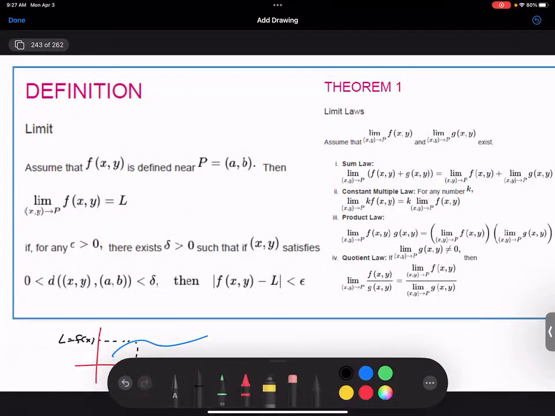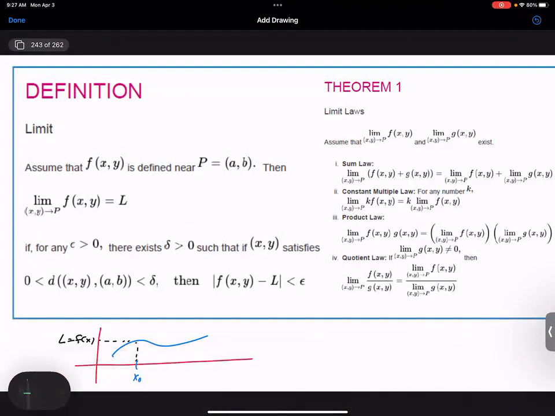And then what happens is you give me a small tolerance. You're moving at most epsilon above and below. And then the question becomes, which inputs of x will evaluate under f to being within that tolerance?